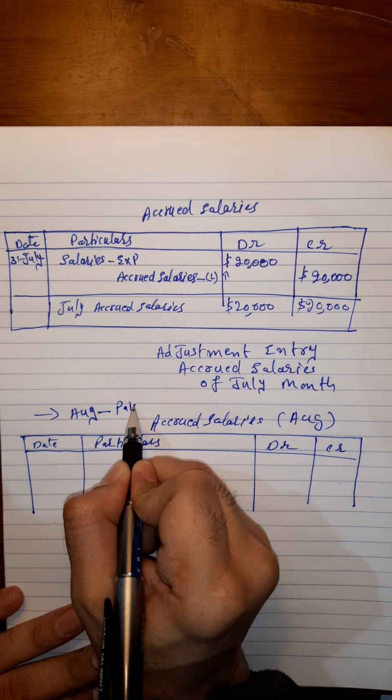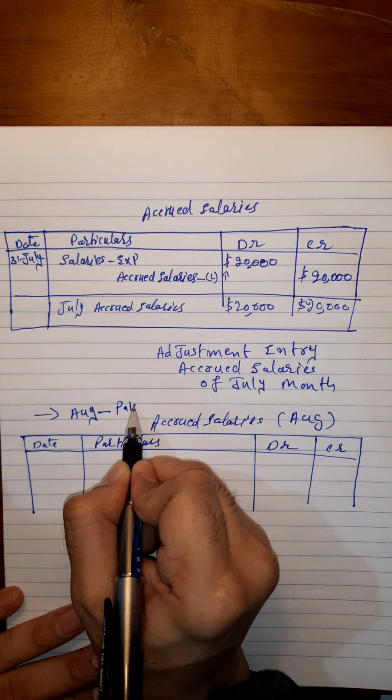Friends, salary is our expense but not paid. Not paid by our company, so not paid means the company will pay. When the company will pay, it becomes a liability.